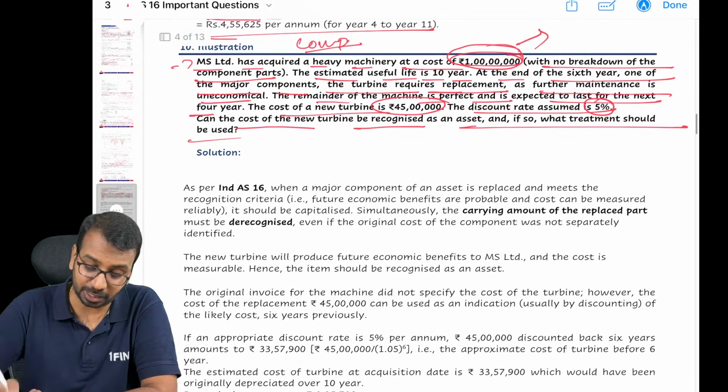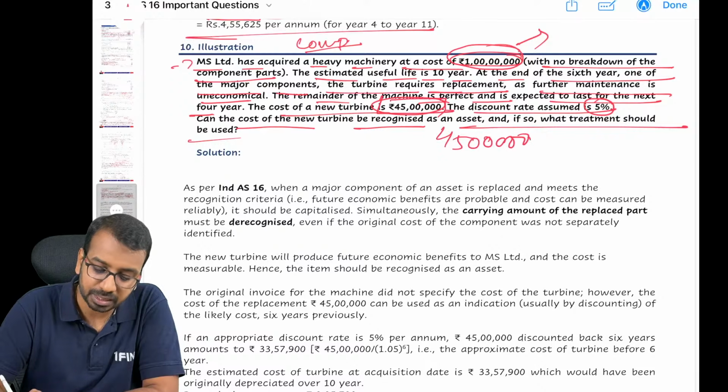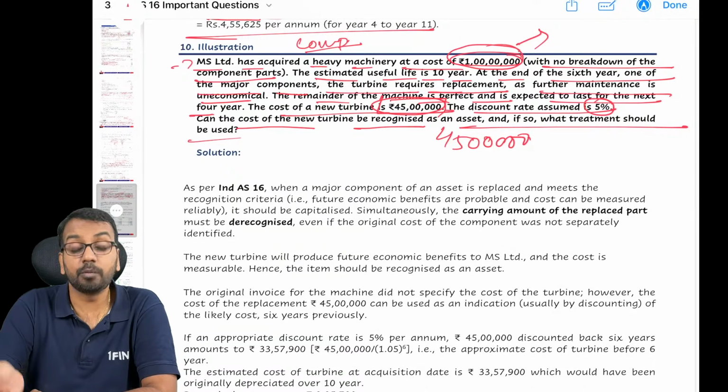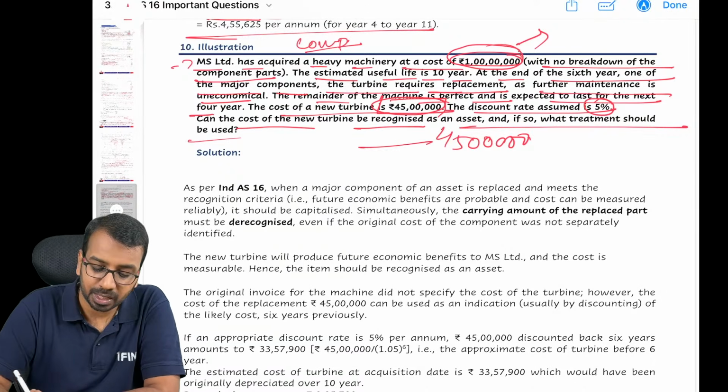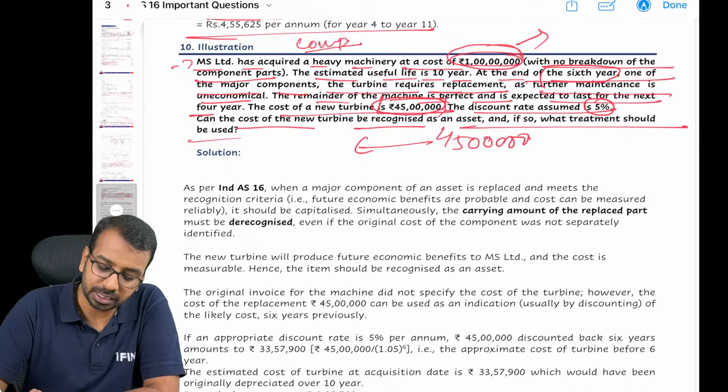What is the estimate? See, after some time when it was replaced, we incurred a cost of 45 lakhs. This is future value. Now what we will do, we will work back and see what would have been its cost 6 years before. So this is for the cost of the 6th year.